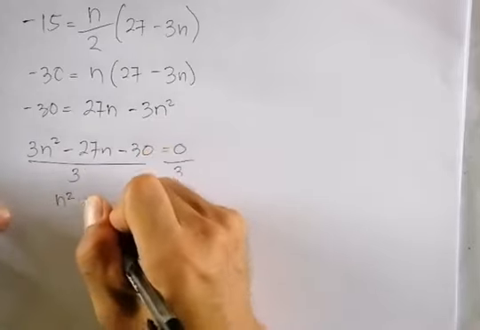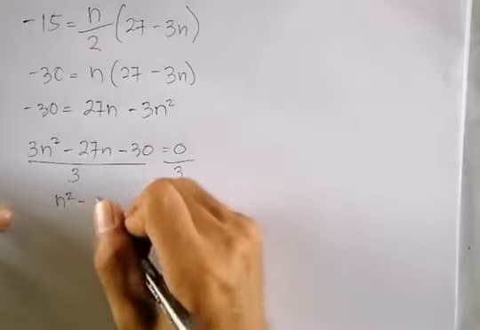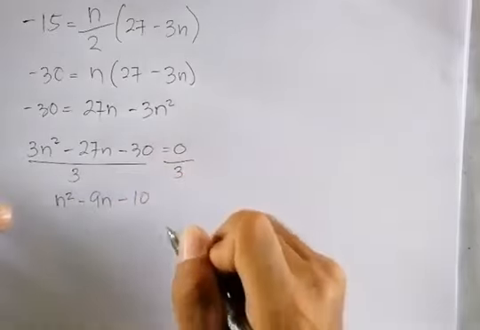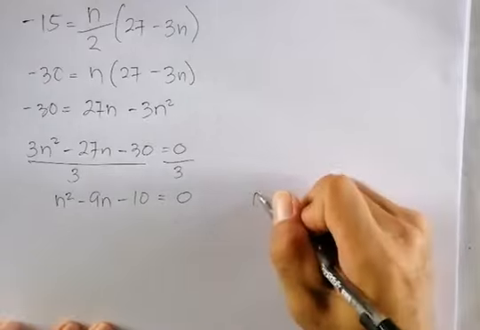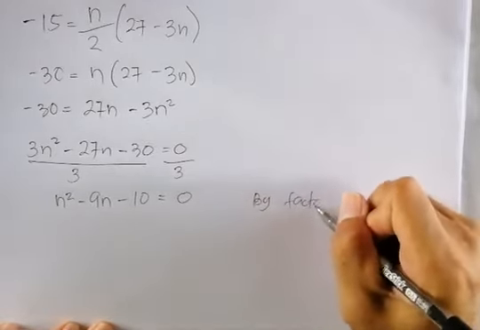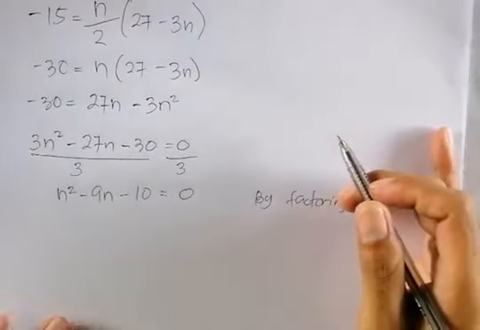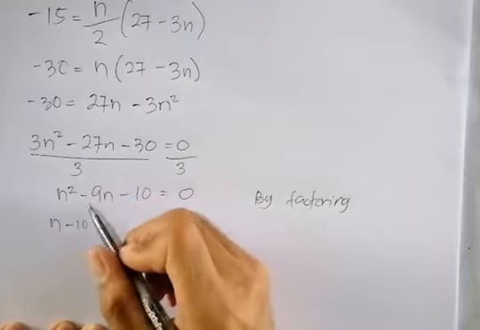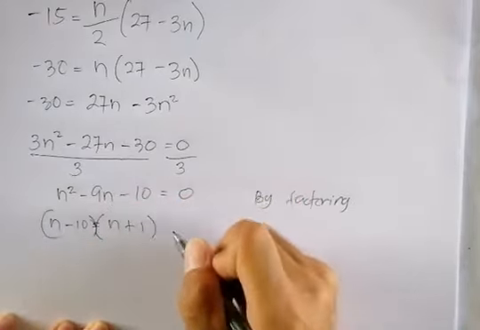So 3n squared divided by 3 is n squared. Then negative 27n divided by 3 is negative 9n. Negative 30 divided by 3 is negative 10, equal to 0. So by factoring, n squared minus 9n minus 10 is equal to 0 is n minus 10 times the quantity of n plus 1.